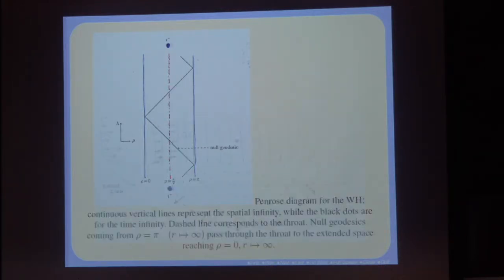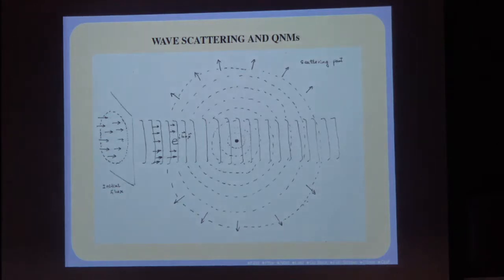And finally, to complete the study of our system, we perturb with a massive scalar field. Let's consider this is a generic perturbation. We have some source of gravity, and we perturb with a plane wave.